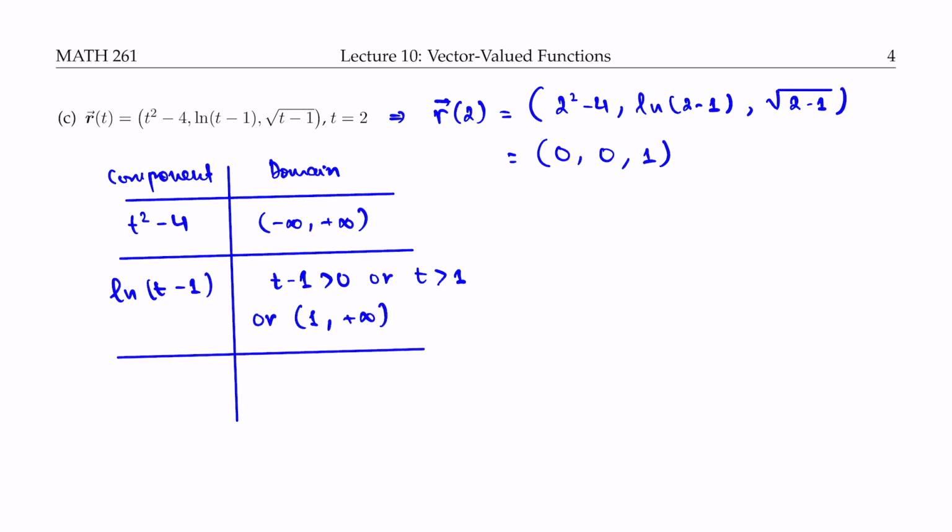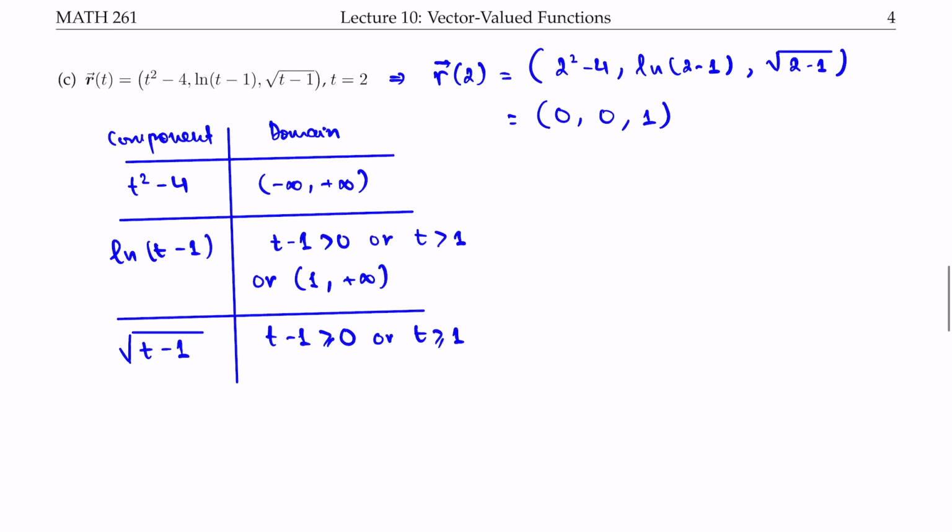And for the last component, you have square root of t minus 1, so t minus 1 is greater than or equal to 0, or t is greater than or equal to 1. And in interval notation, you get this to be from 1 to positive infinity.